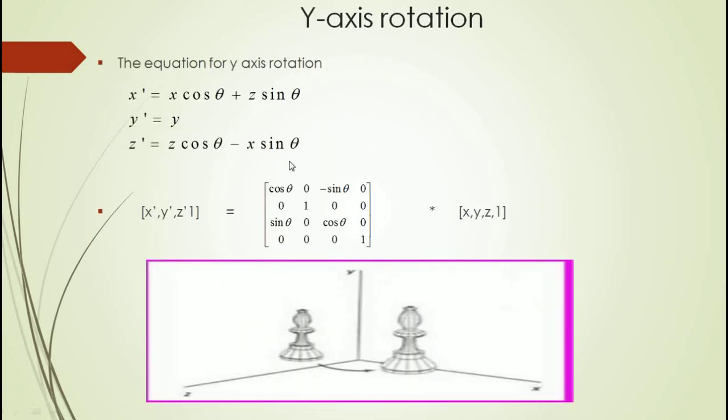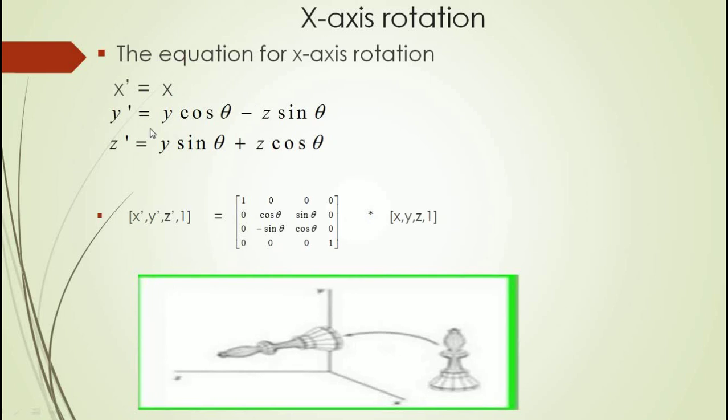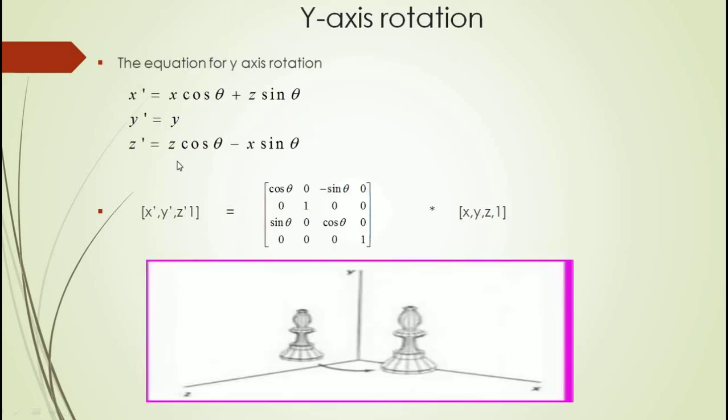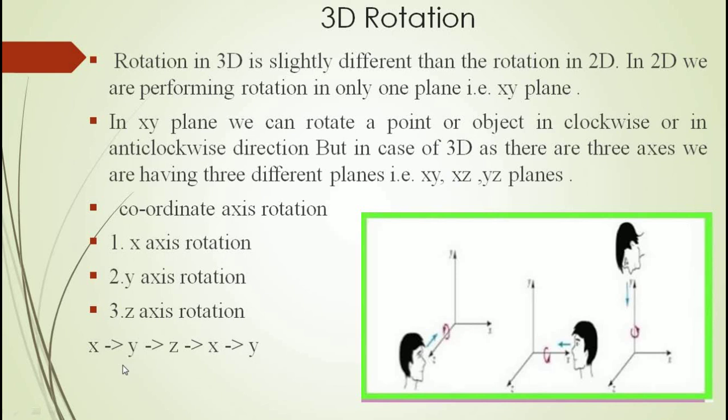In the x axis, after x, the y and z values are calculated. This is the sequence in which the values are calculated: x, y, then y, after that z, then after that x and then y.